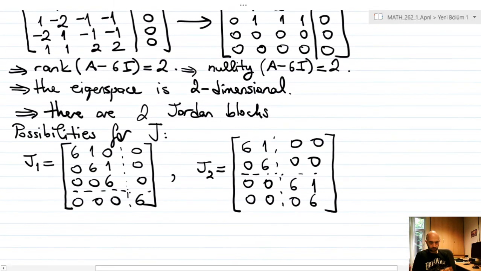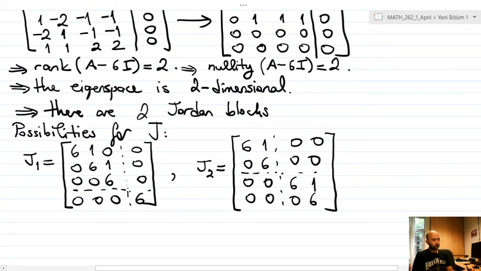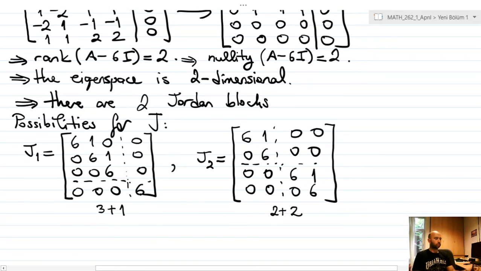Well, essentially you could think about these as corresponding to the partitions of 4 as 3 plus 1 and 2 plus 2. These are the only partitions of 4 which have exactly 2 pieces. So you have only these. Of course, there's 1 plus 3, but we don't care too much about the ordering of the Jordan blocks, so we just take this one.